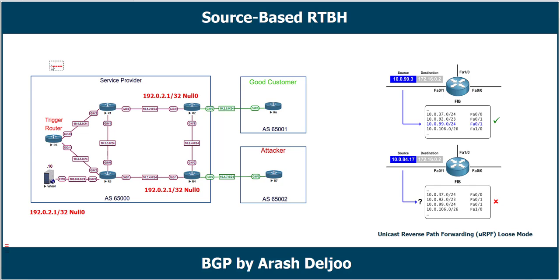In this BGP update, if you remember, we sent 100.0.0.10/32 with the next hop attribute of 192.0.2.1, and some other attributes like the community and the origin. Then router 2 and router 4 use this information and add this entry in the routing table: 100.0.0.10/32, and the next hop is 192.0.2.1.